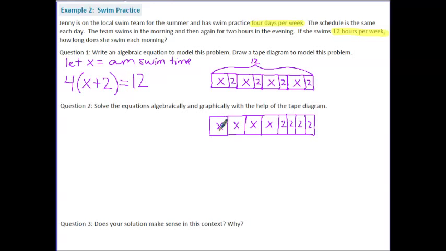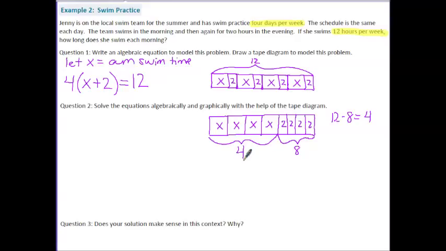So again, if the whole bar equals 12, we know that these put together, 2, 4, 6, 8, have a value of 8, and so that can help us to solve for the x's. So if I know the whole thing is 12, I would do 12 minus 8 to leave us with 4. So these x's have a value of 4.